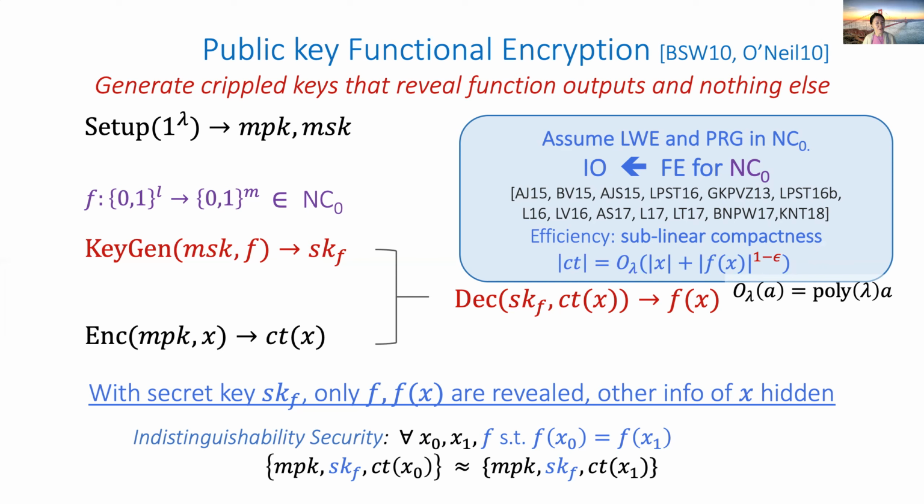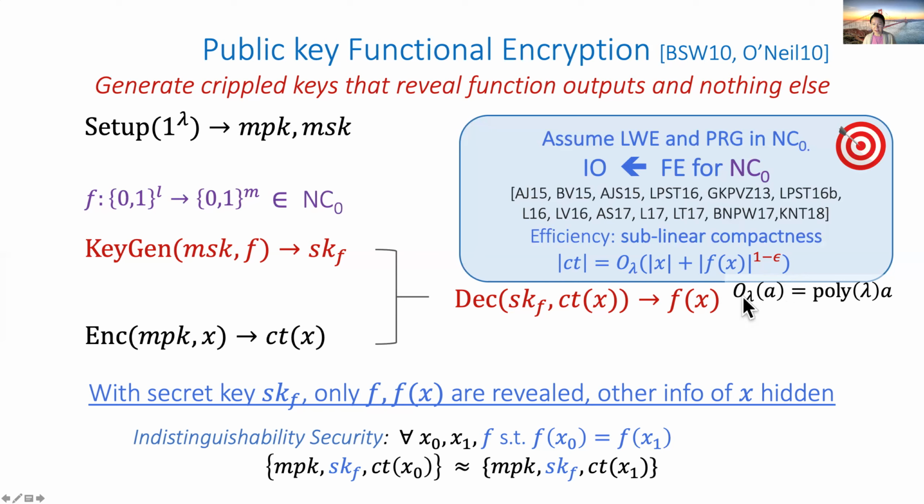There isn't much advantage in giving out a functional encryption ciphertext of the input. And indeed, as soon as we restrict the ciphertext size to be a little bit smaller than the function output, functional encryption becomes extremely powerful.